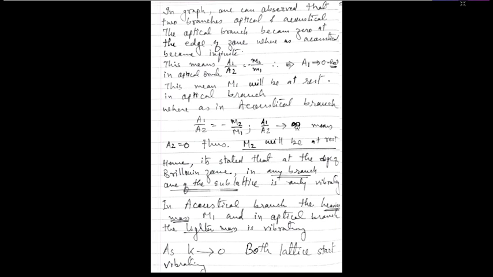Why it become the infinite? Because a2 is now almost 0. The reason is m2 will be at a rest. So अगर m2 माने मास एटम is 0, so यहाँ पे 0 आ जाएगा और यहाँ पे 0 आ जाएगा, तो a2 is become the 0.